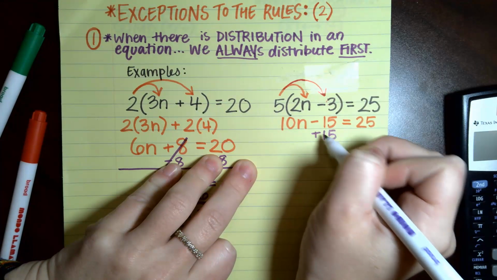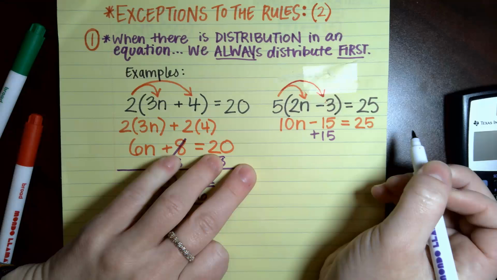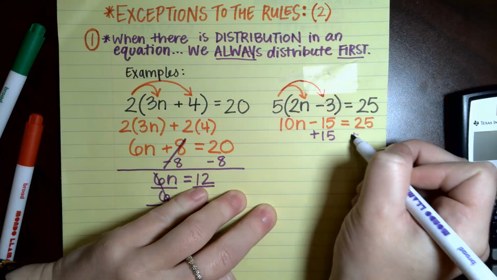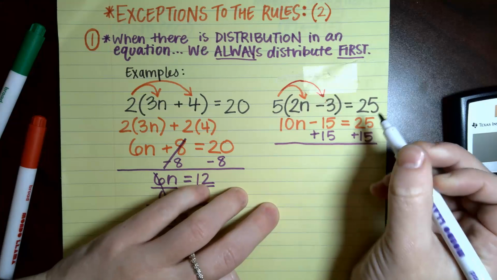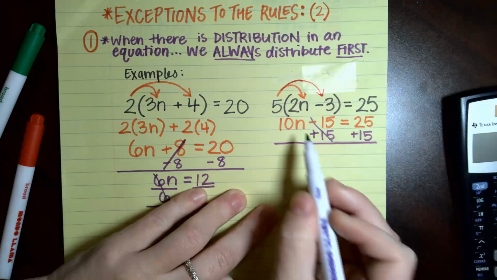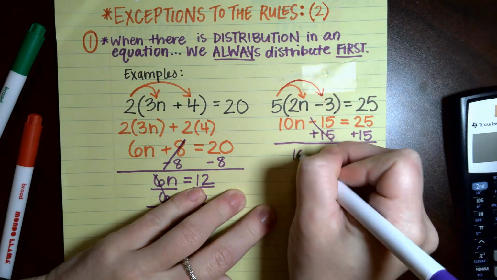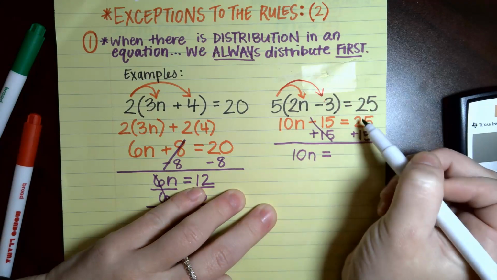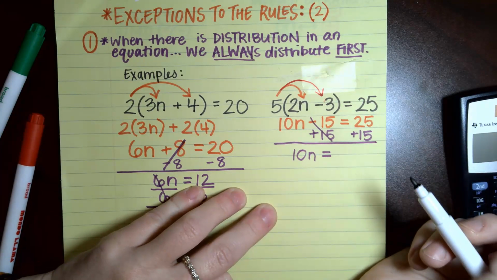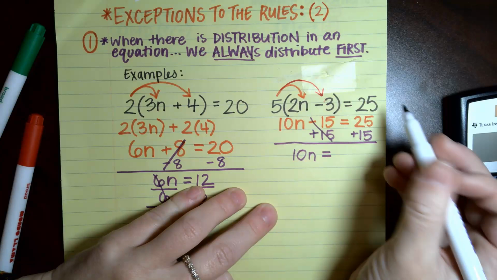Plus 15. Where else am I adding 15? Under the 25. Good. All right. My 15s cancel. Now I've got 10 times n left is equal to 25 plus 15. What is that? 40.